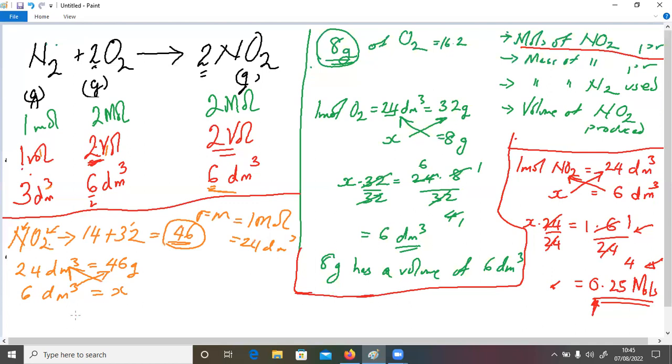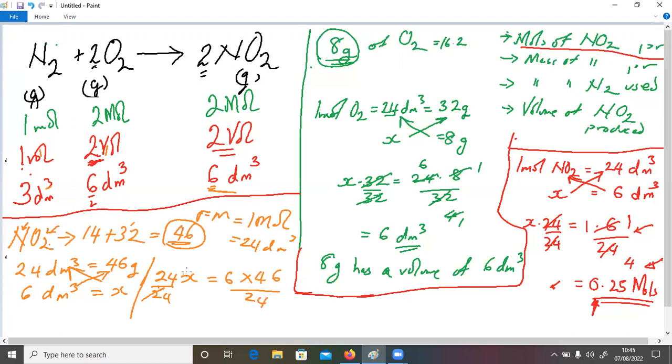We are going to get 24x is equal to 6 multiplied by 46. Divide by 24 both sides, 24 divided by 24.